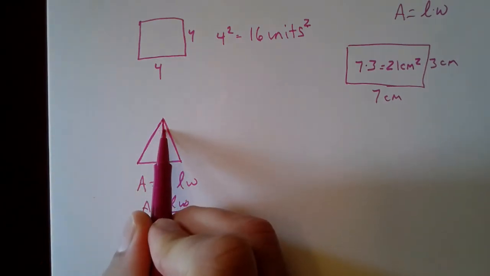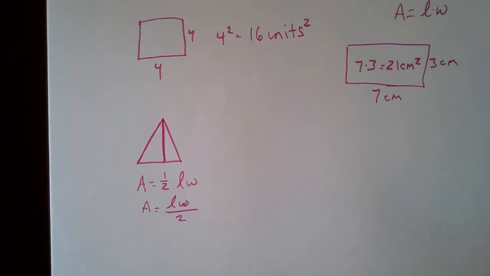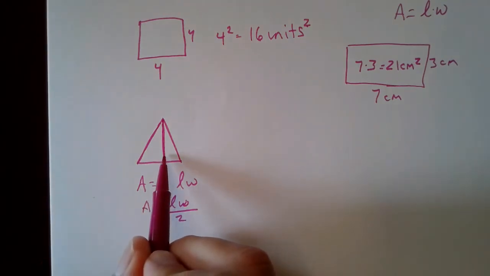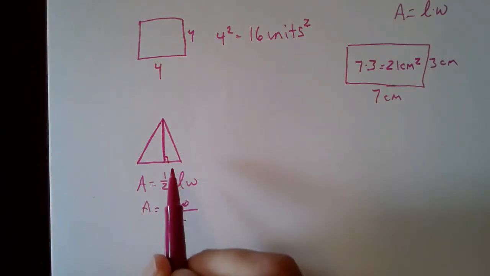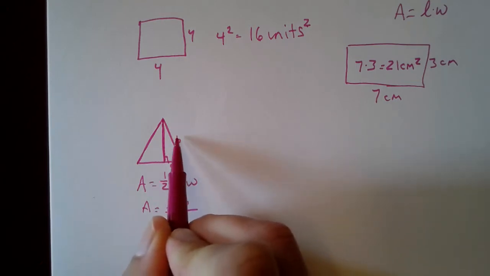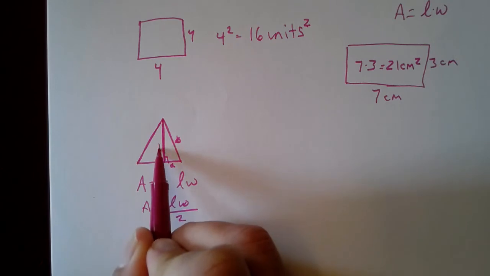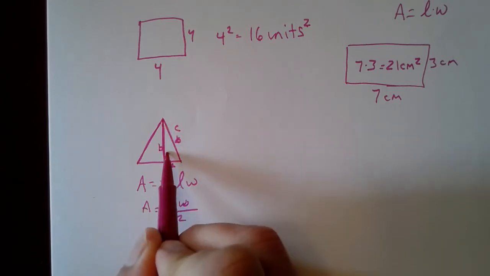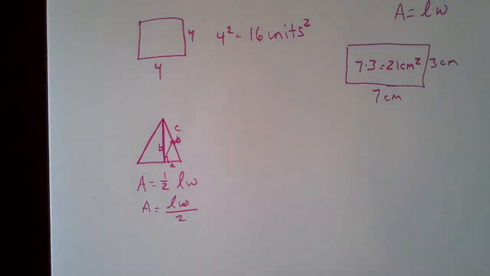But the height, if it's not given, we can use the Pythagorean theorem to make a right triangle. This would be A, this would be B, and this would be our hypotenuse because it's opposite the right angle. So we can go back and use old concepts and topics that we've learned in the past in order to find the area of any triangle.